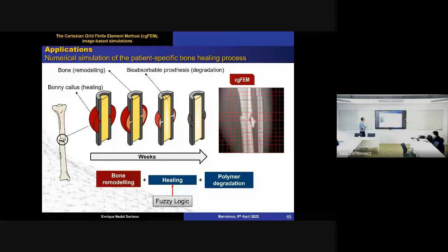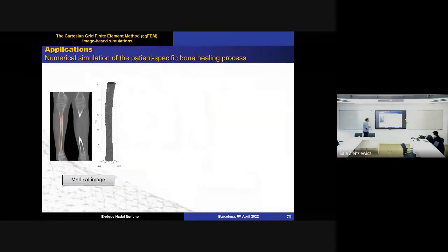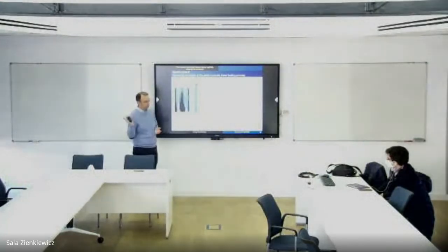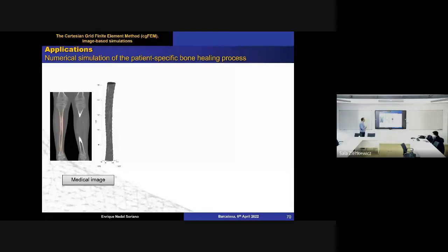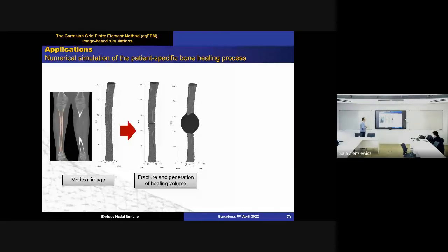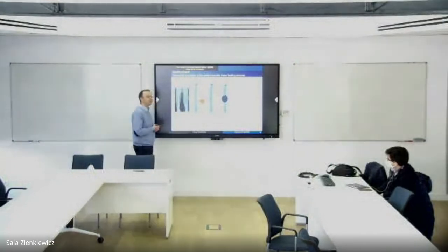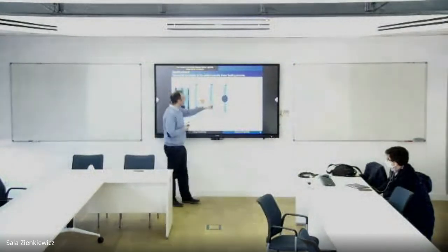Well, we have here the medical image. We have this same tibia here on your right hand in red. So we artificially provoke a fracture. We remove 4 millimeters of the bone, and we define a callus region.